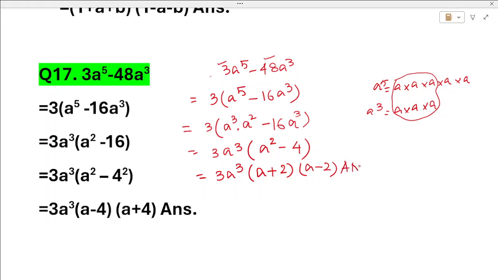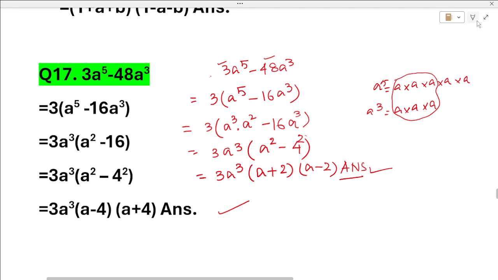So this is the answer, correct. I hope you have understood the point. Okay, 16 is a square of 4. Sorry, one thing. 16 is, just wait, 16 is square of 4. So we should express it as like this.